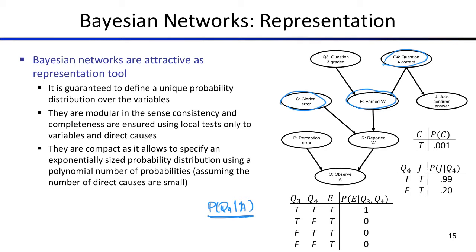Okay, and the final note here is that this table is what we call the deterministic conditional probability table, because it only has values zeros and ones, right? And the interpretation here is very simple. It's that we will only earn an A if we have a Q3 correct, a Q3 graded, and a Q4 correct. So that is expressed in this line.